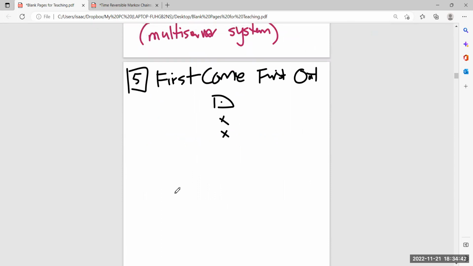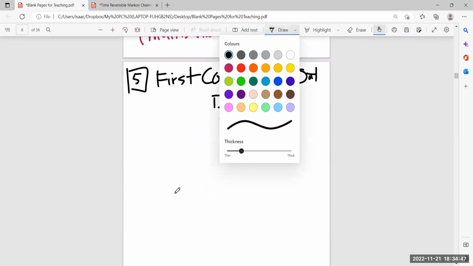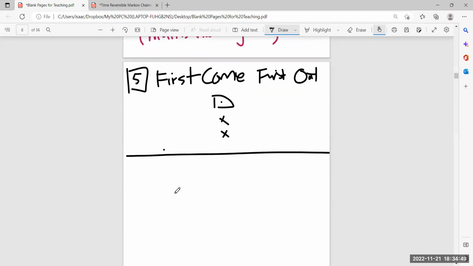All right, so far what can we say about these queues? We can have single server queues, we could have multiple server queues, we could have finite queue length, and we can have infinite queue length, right?